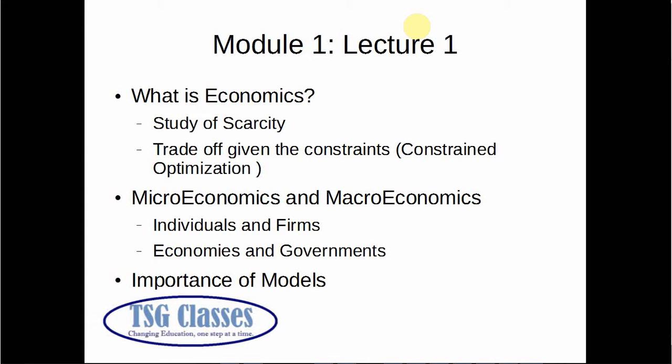So there are two broad branches of economics: microeconomics and macroeconomics, as evident by their self-explanatory names. Microeconomics is the study of economics at a smaller scale, dealing with individuals and firms. So the choices that individuals have to make given their constraints, and the choices that firms have to make given their constraints, and also firms have to keep in mind the choices of individuals.